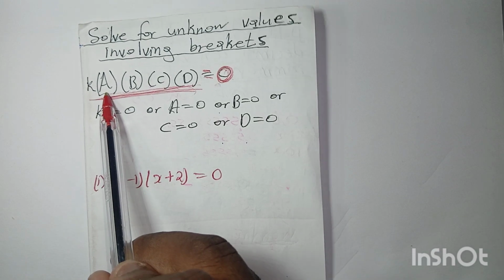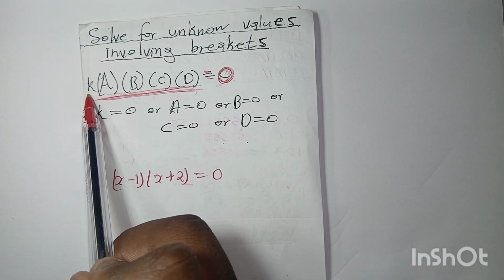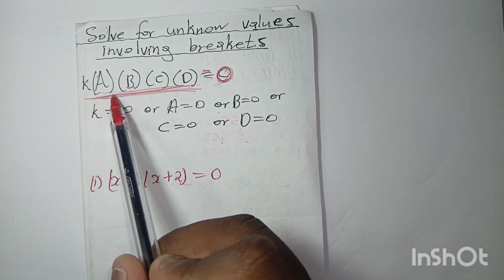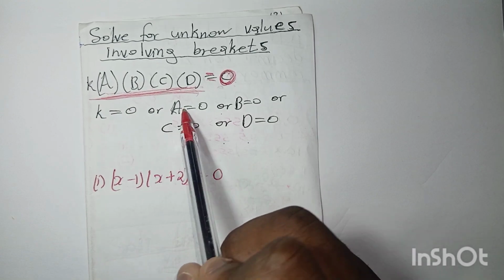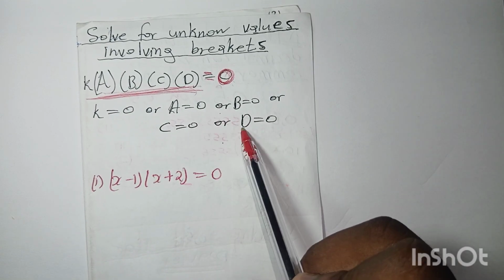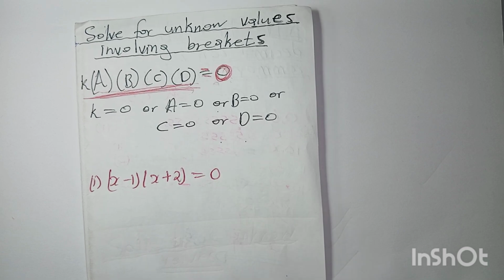Whereby you have brackets a, b, c, d and a constant number or a variable, it means you will equate each thing by what? By 0, guys. You will equate this, equate that, and then you will solve what is inside those brackets.